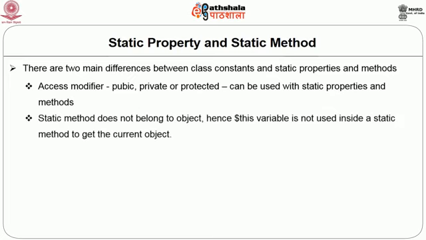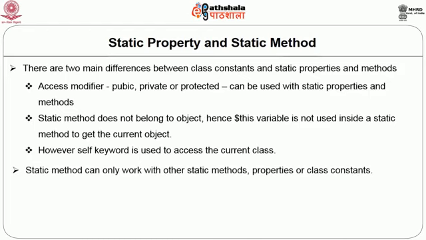The second difference is that as the static method or static property is a property or method of a class, not an object, you cannot use the this keyword inside the static method, but of course you can use the self keyword to get the value of that static property. So as a result, a static method can only work with other static methods, properties or class constants.